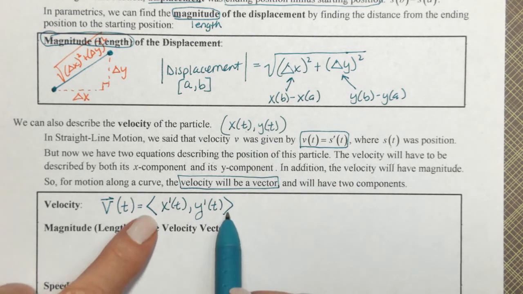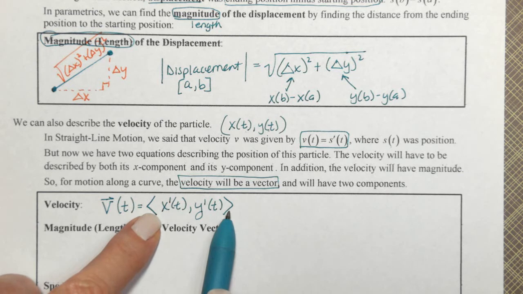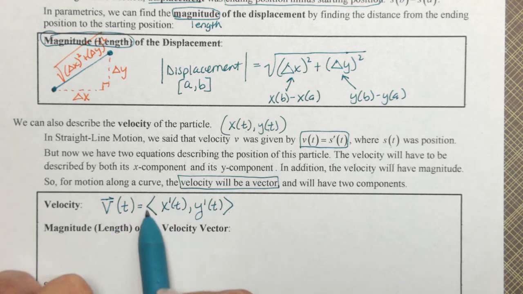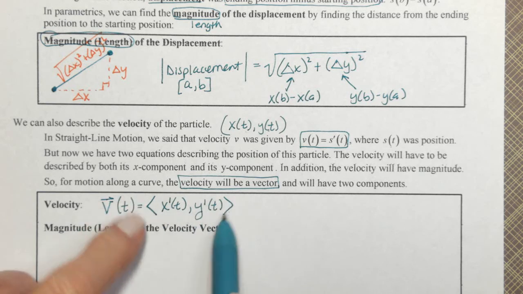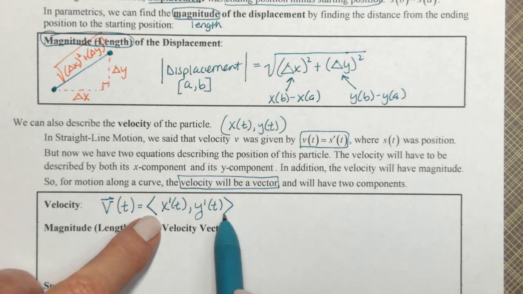I also use vector notation for my little brackets, I guess you'll say. This is how I learned it, so that's how I always write it. AP, College Board, accepts parentheses or these little, I call these little chevrons. They accept parentheses or chevrons. I learned it as chevrons, so I will always use chevrons whenever I'm describing a vector.